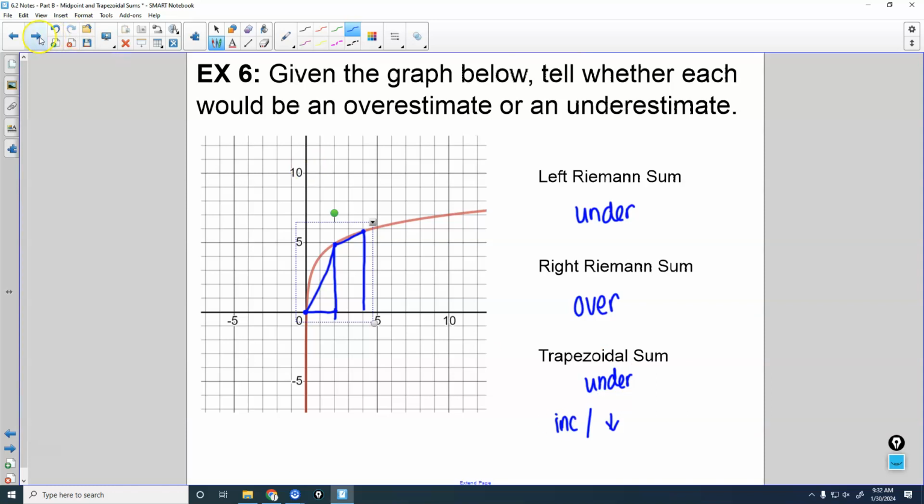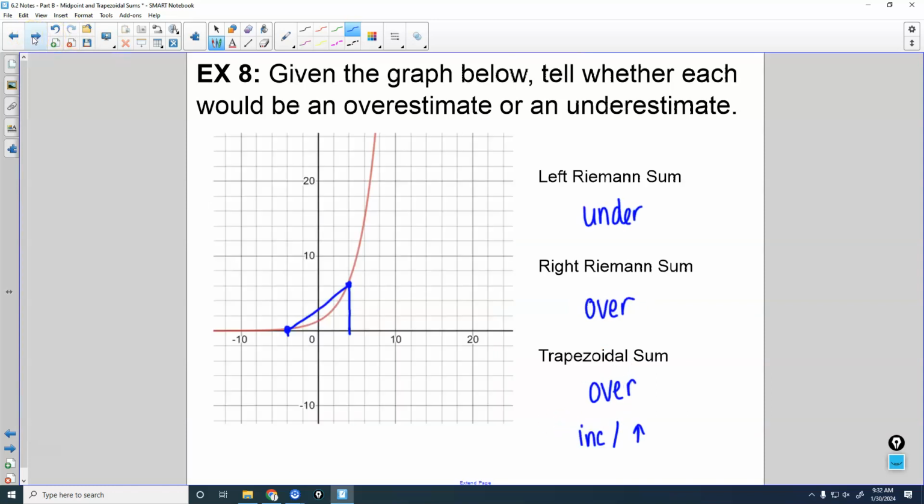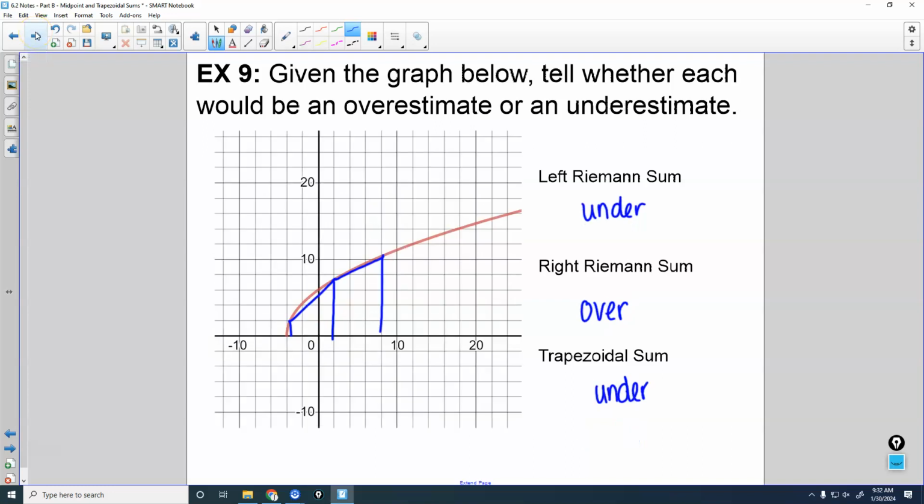No, because we had increasing here and an underestimate, and we had increasing here, and we had an overestimate. So for trapezoidal, concavity is what's going to matter. Here we have increasing concave down, and we get an underestimate, right? So you'll notice that the concavity is matching your over or underestimate, not the increasing, decreasing for trapezoidal.